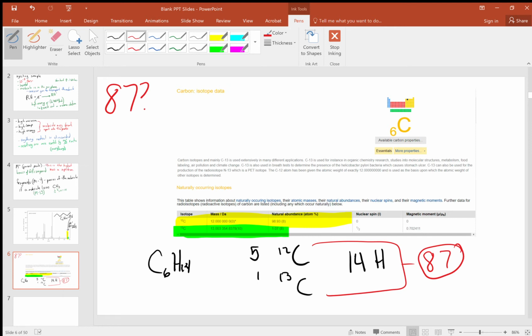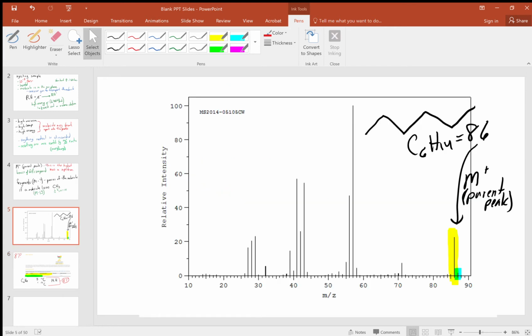But there's also a second thing to notice. The ratio between that M plus and now what we're going to call, because it's 1 higher than the parent peak, the M plus 1 peak, is roughly based on the number of carbons that exist within a molecule.